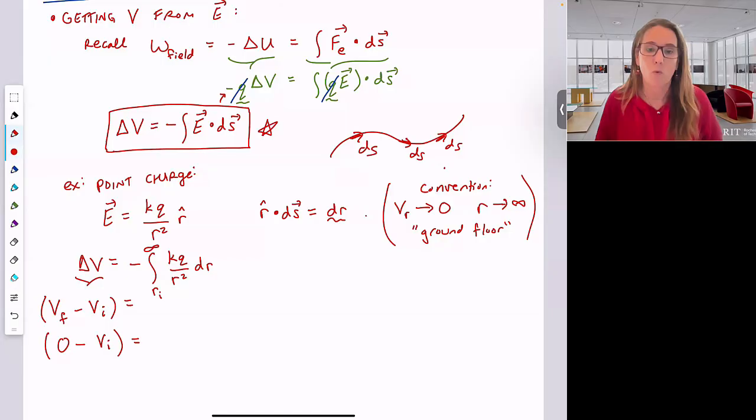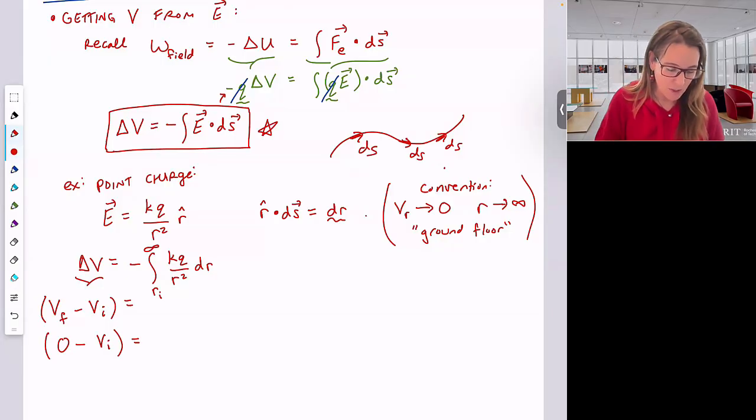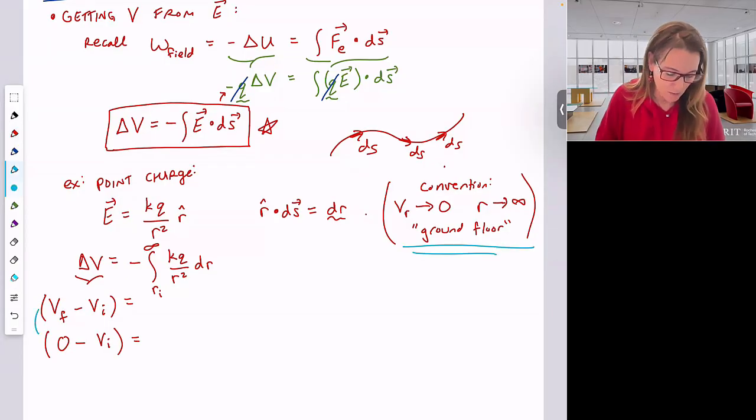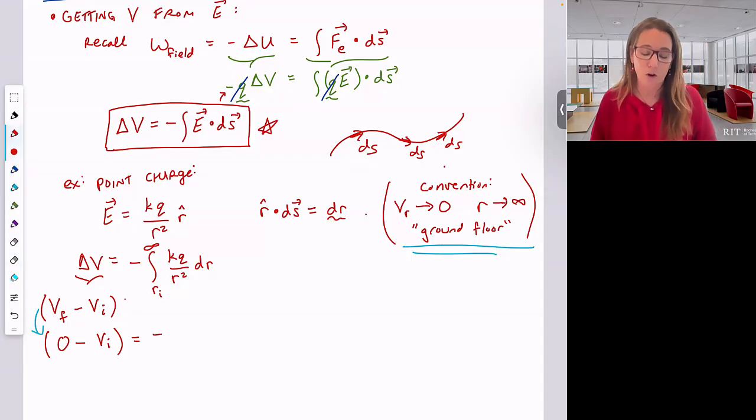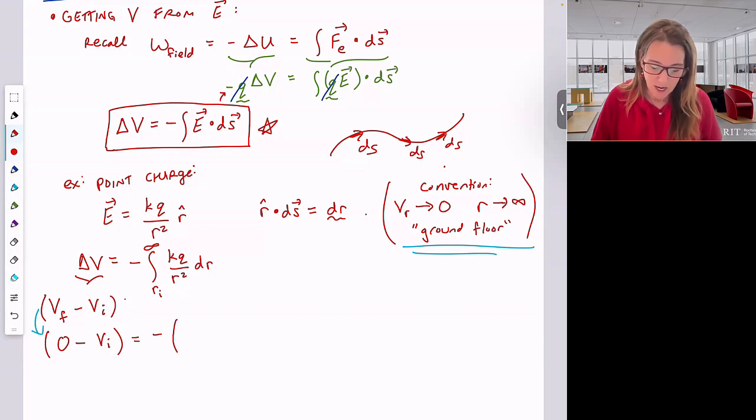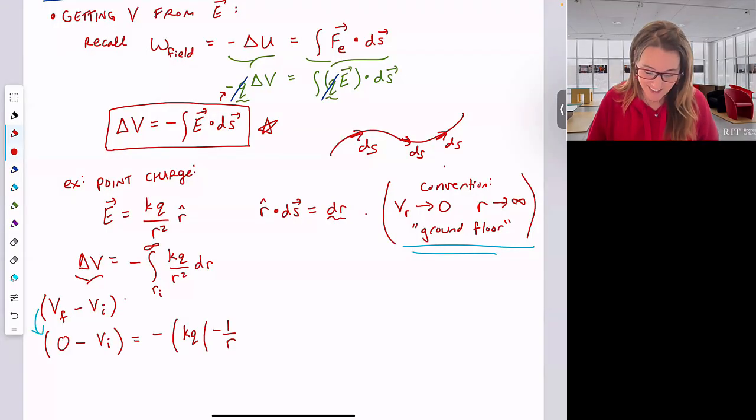And that's why we make that convention, so that we can make that step of plugging in 0 for V final. So what we end up with on the left-hand side is 0 minus V initial. On the right-hand side, we have negative times kq, and then r squared goes to negative 1 over r. So a lot of negatives to keep track of here, from r initial to infinity.